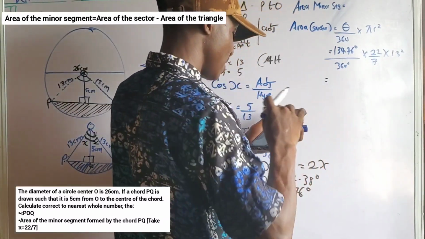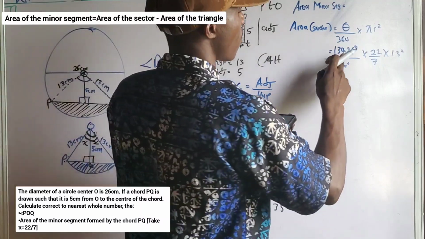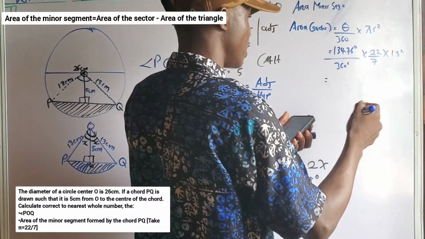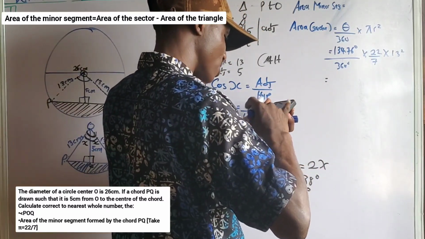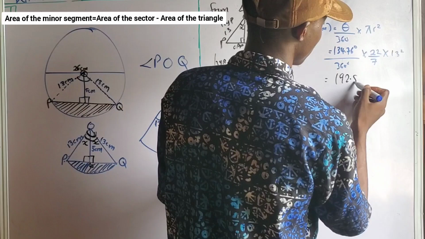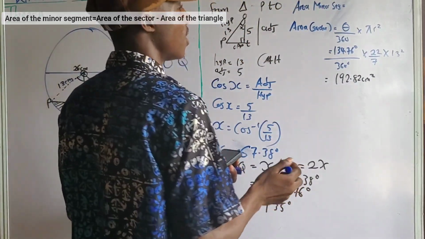So the area is 134.76 over 360 times 22/7 times 13 squared. That gives 192.82 centimeters squared. So this is the area of the sector.